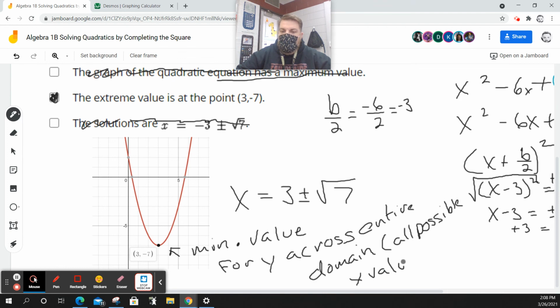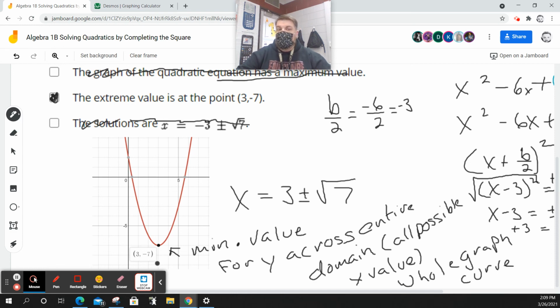So when I look at the whole curve, or the whole graph, but technically the math term for graph would be curve because we're looking at the red line. For the whole curve, the lowest y value is going to be negative 7. There isn't going to be a y value lower than negative 7. And if you just look at the graph, you can see that, right? So that's why it's called an extreme value. There are other values that are low, but that is the extreme. That is the lowest. There isn't going to be another one lower than that one.